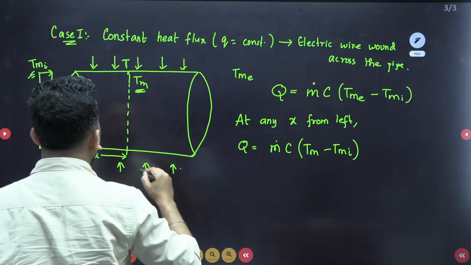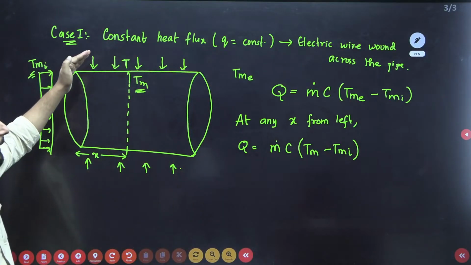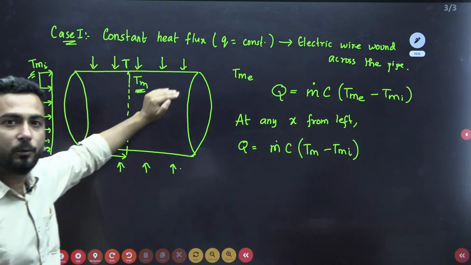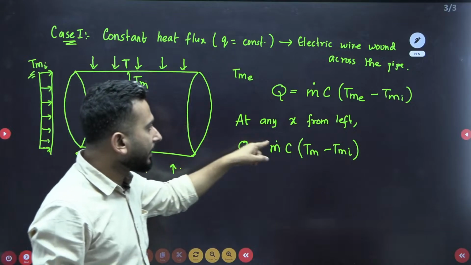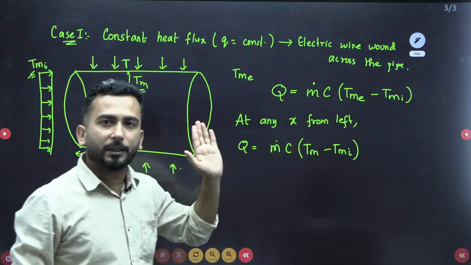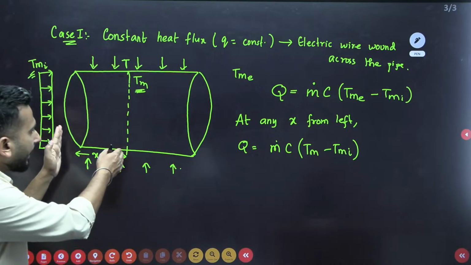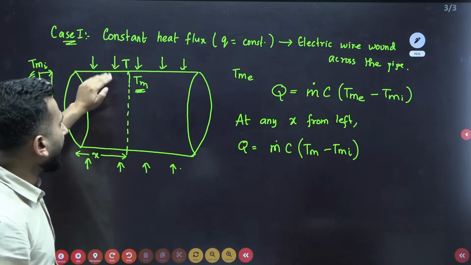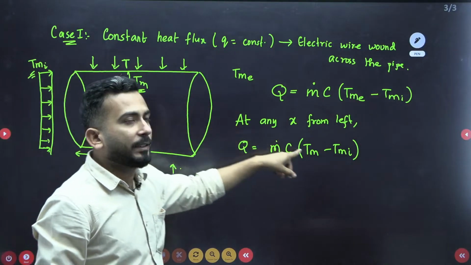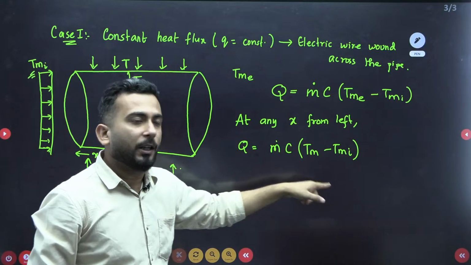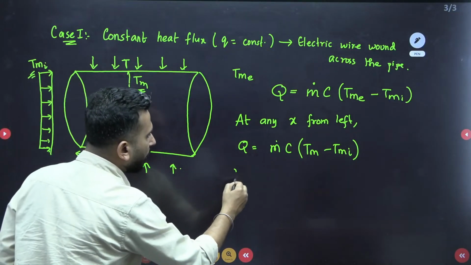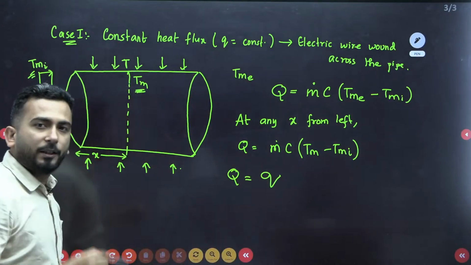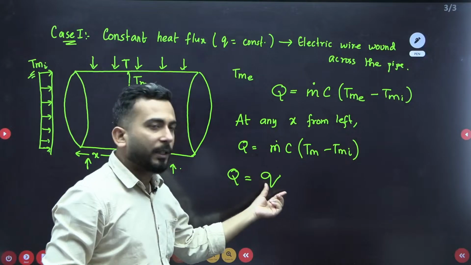Very good. And whatever heat is being given by the wire which is wound around, that is only resulting in the increase in temperature. I repeat again, till the x, whatever energy is being given by the wire, the same energy is resulting in the increase in the temperature of the fluid. So if I ask you what is the total energy supplied, Q is constant, this is heat flux into area.